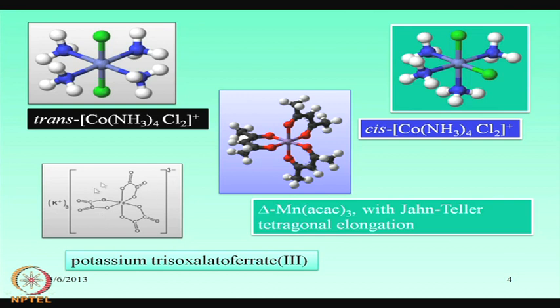Before that, this is the tris chelate, similar to our oxalate chelation, ACAC chelation, and manganese is in +3 oxidation state, and the ACAC ligand is a mononegative ligand. So, this mononegative ACAC ligand will give rise to 3 chelation, and these red spheres are the oxygen atoms from the ACAC ligand. This is from the first ligand, this is from the second ligand, and this is from the third ligand.